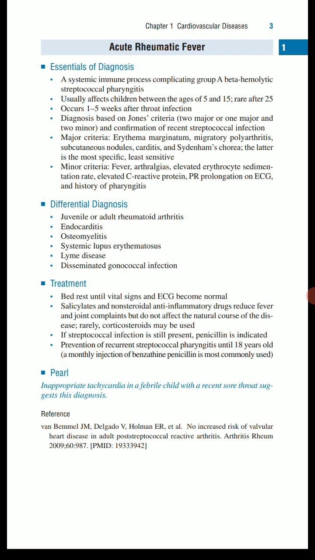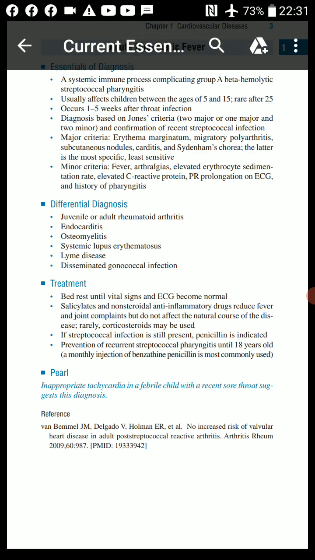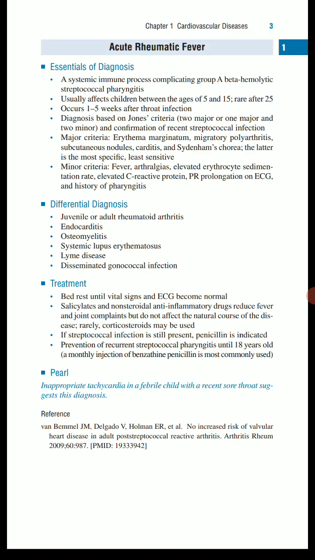Then we have subcutaneous nodules. We have chorea, or Sydenham's chorea, which involves involuntary movements of the limbs. Some books call it St. Vitus dance, which affects the CNS. Then we have skin rash. Then we have minor signs and symptoms such as fever, arthralgia, and lab findings.